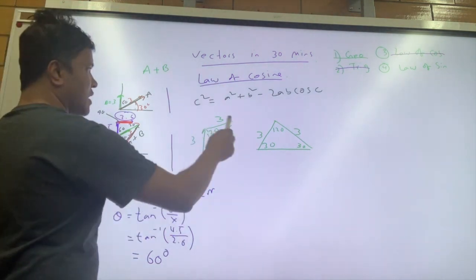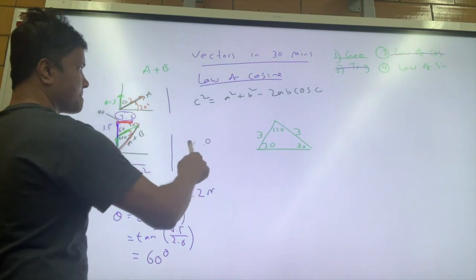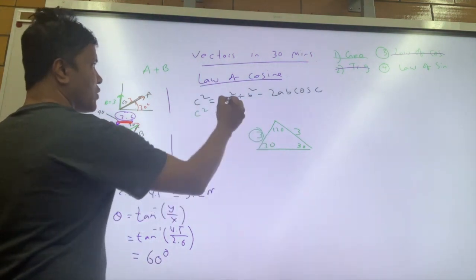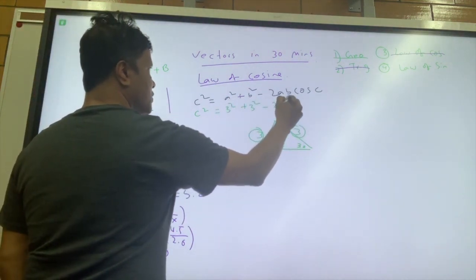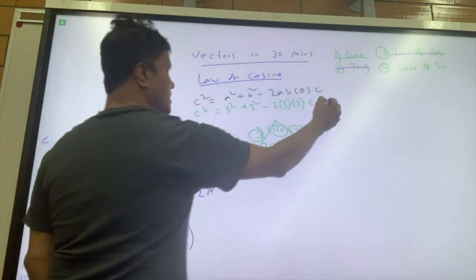Okay, so let's use the law of cosine. C squared is equal to a squared plus b squared minus 2ab cosine 120.